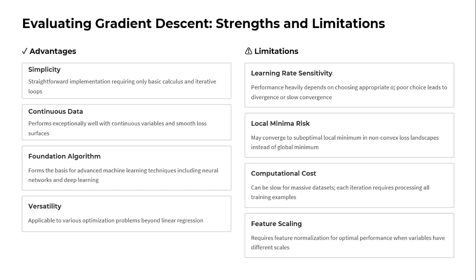As everything has its own limitations, similarly, the limitations are: the learning rate must be chosen carefully. Too high or too low can break the process. For complex models, it can get stuck in local minima. It can be computationally heavy for large data sets. It needs feature scaling for better performance.